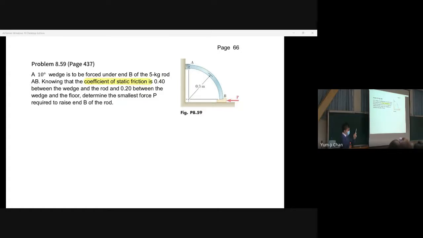Mu S. It's 0.4 between the wedge and the rod. Wedge is this one, rod is this one, so 0.4 is between the two. And between the wedge and the floor is 0.2. Determine the smallest force P required to raise end B of the rod.